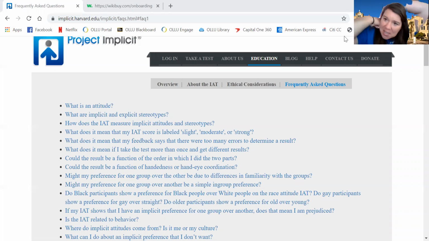And while these tests certainly aren't perfect, they're a well-validated measure. And so I really want you to not get defensive about the results from some of these tests.